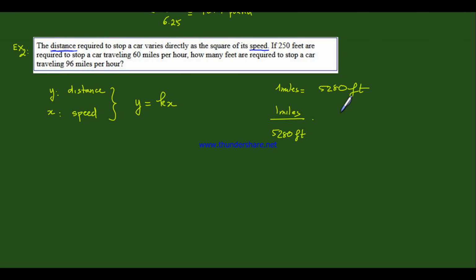I think we set it up the other way, because we need to keep the feet. So we have 250 feet over 5280 feet per one mile, and the feet cancel.